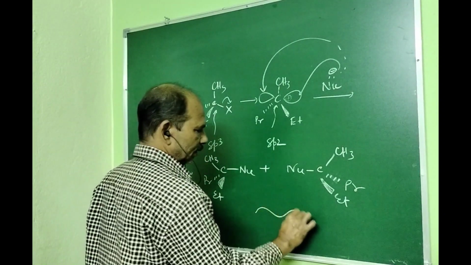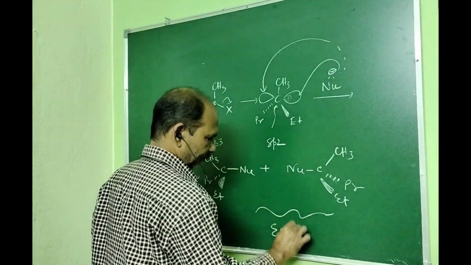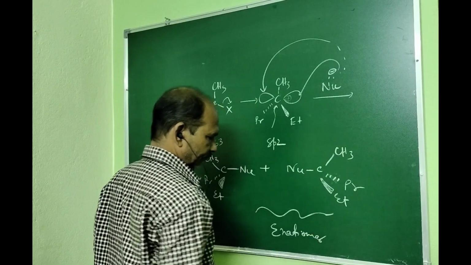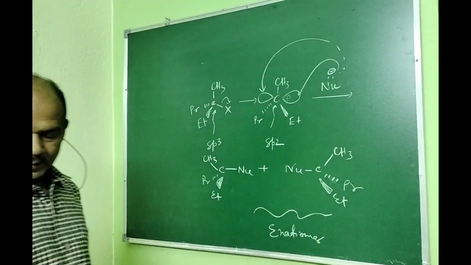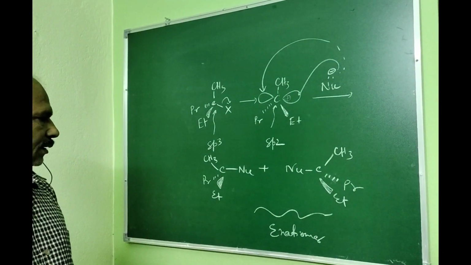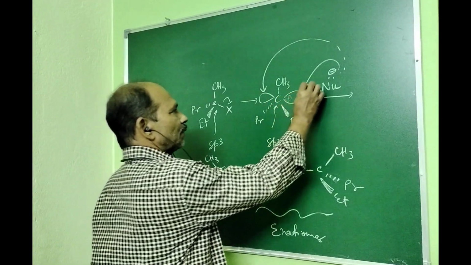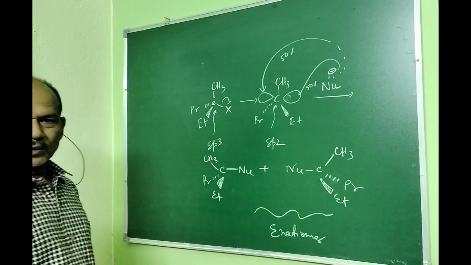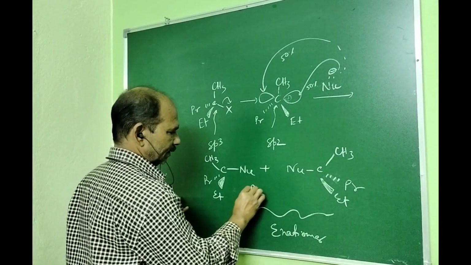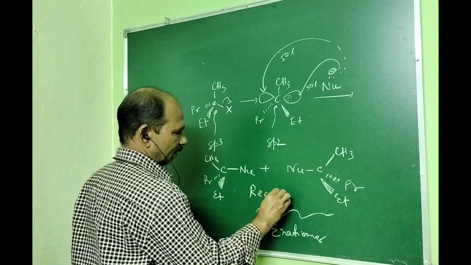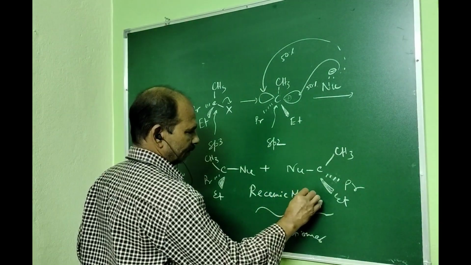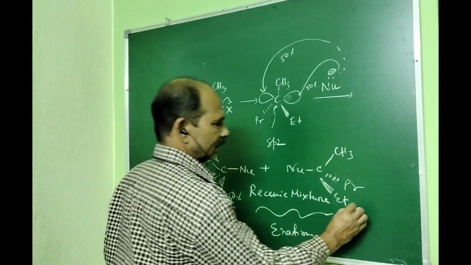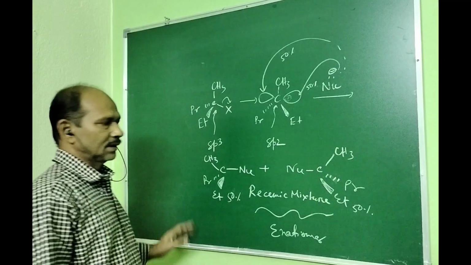So this is an enantiomer pair. Both are mirror images of each other. This possibility is 50% and this possibility is 50%. So actually we will get a racemic mix, because each will be produced 50%.